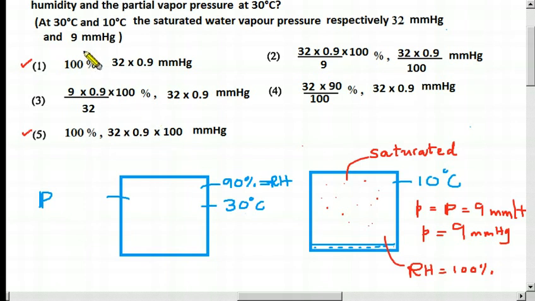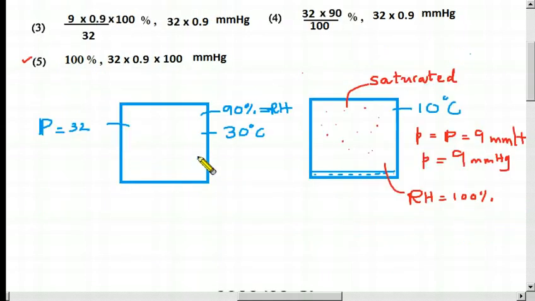At 30, respectively 32 millimeter. So what is the simple P? Directly I write 0.9 times 32, because the relative humidity is given as 90. This is the partial vapor pressure. I don't write the whole equation, relative humidity equals simple P divided by capital P, like that.